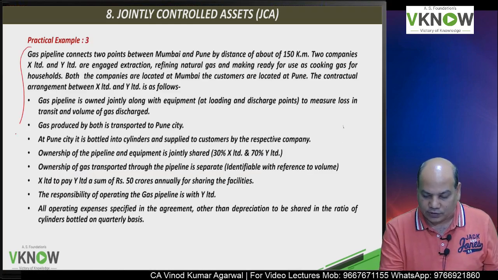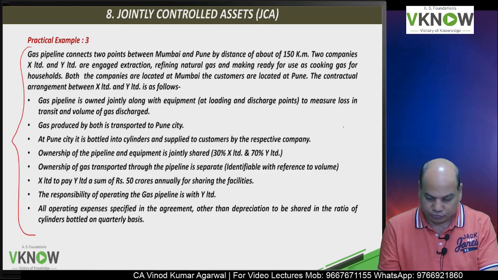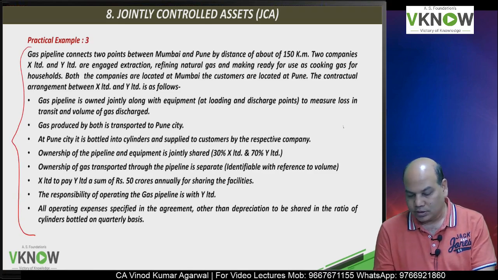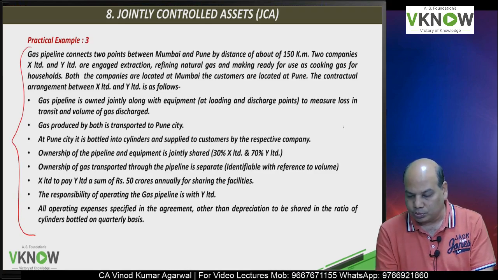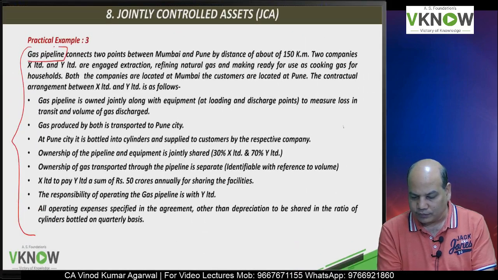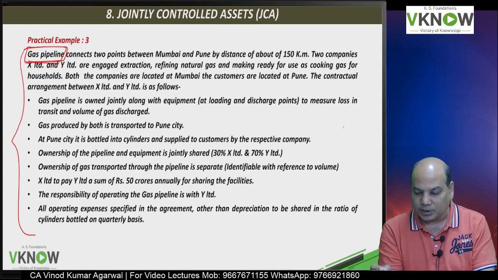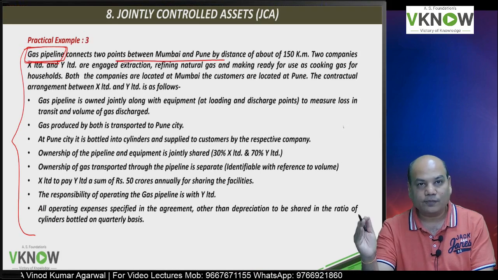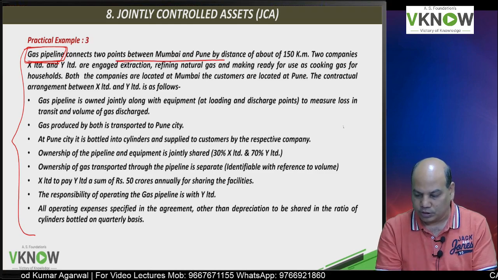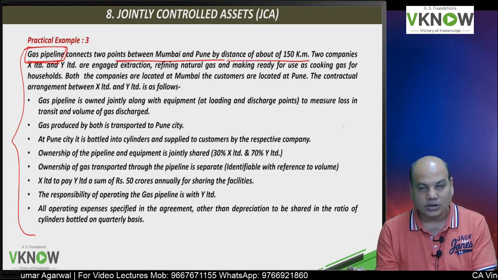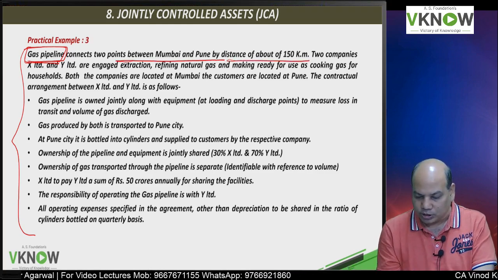One real life example we will take from jointly controlled asset: a gas pipeline connecting two points between Mumbai and Pune. This is the story of two companies which are jointly owning a gas pipeline to transport gas from Mumbai to Pune, a distance of about 150 km.